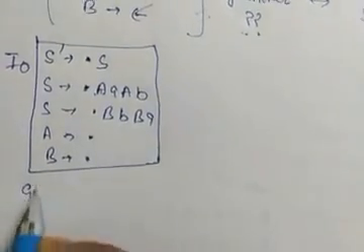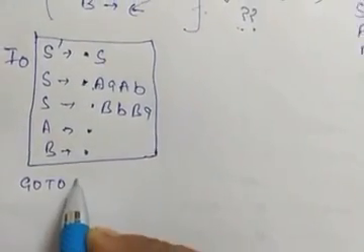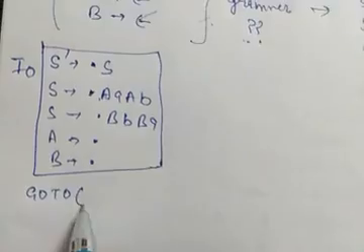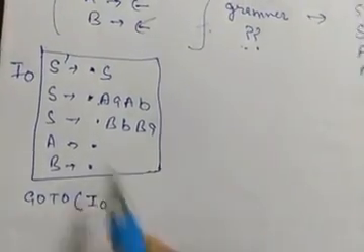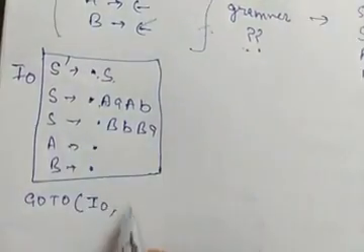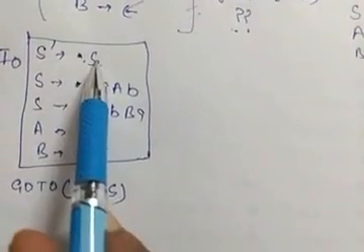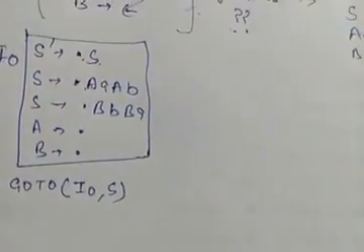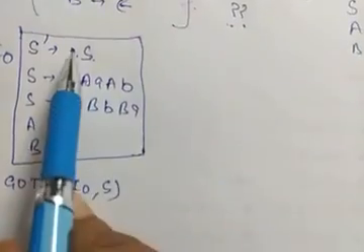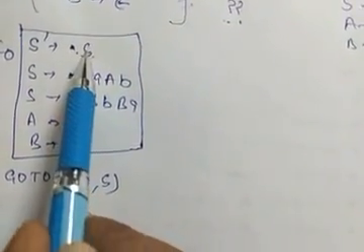Now we will find the goto of all items. So it will be goto I0. For the first item, we have to find the element which comes after the dot and find the goto of that item. Here after the dot S comes, so goto I0 of S will become S' to S dot.